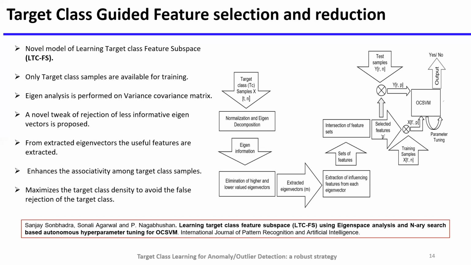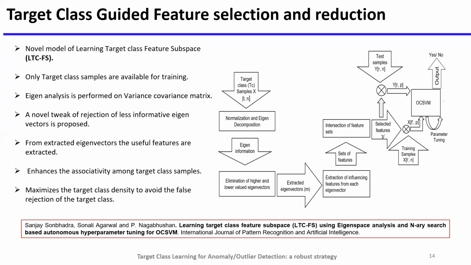If we talk about supervised nature, in that case the higher eigenvalued eigenvectors must also be rejected because they may misguide the learning models.